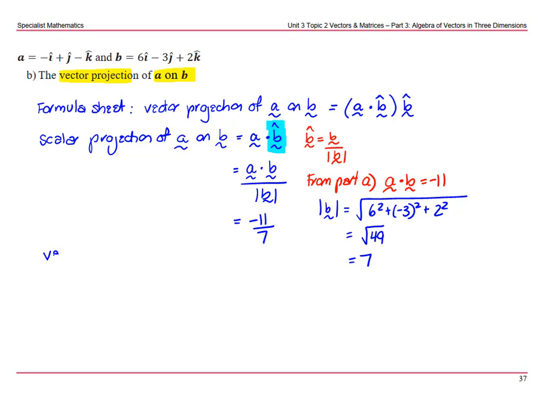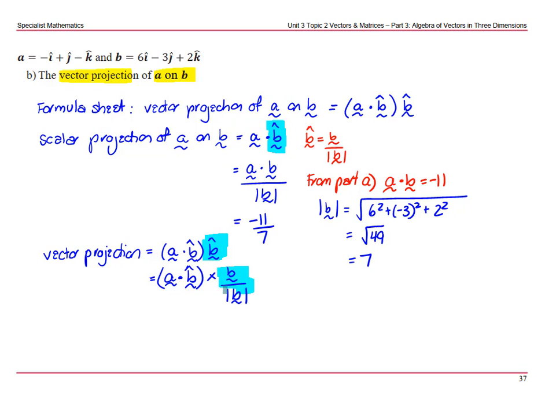So my vector projection, which we said was the dot product between A and the unit vector B times by our unit vector B, equals the dot product between A and the unit vector B times by B over the magnitude of B. So I've just replaced that unit vector of B. So we have -11 over 7 times by B, which is 6i minus 3j plus 2k, all over the magnitude of B, which is 7.